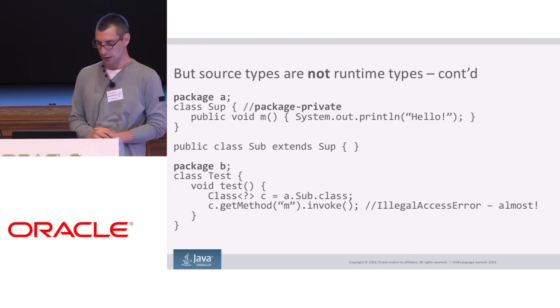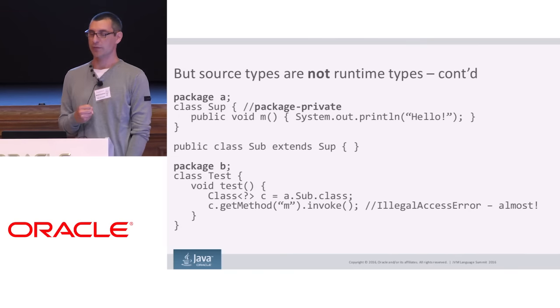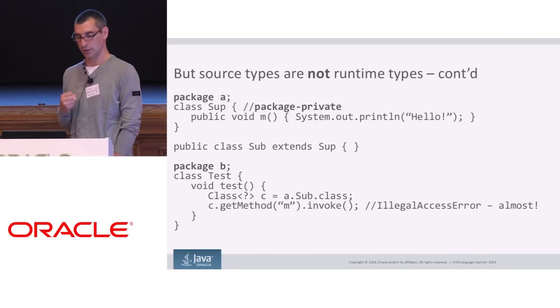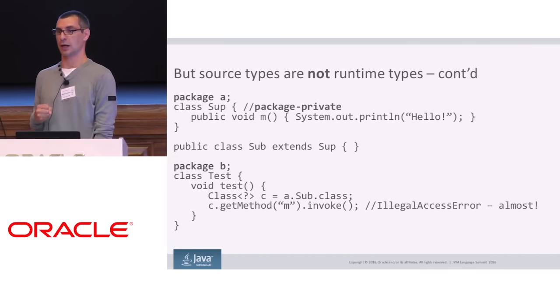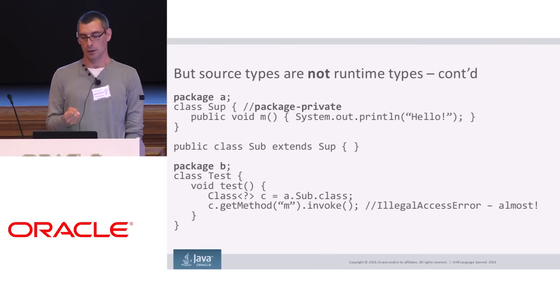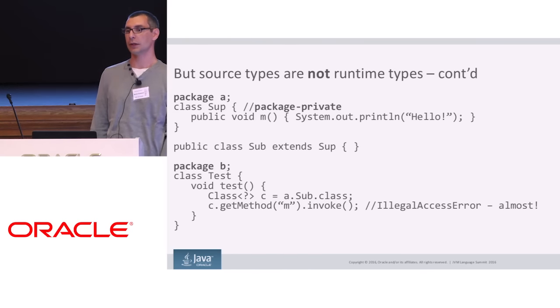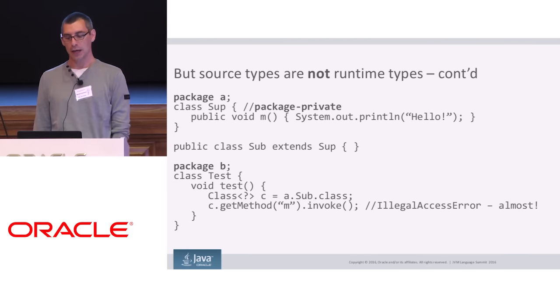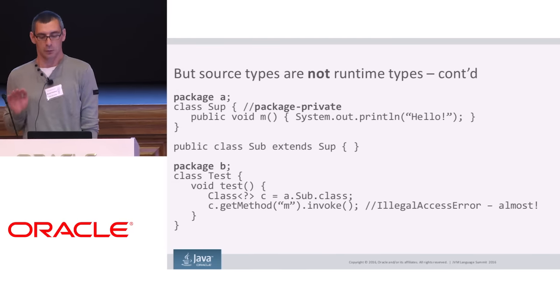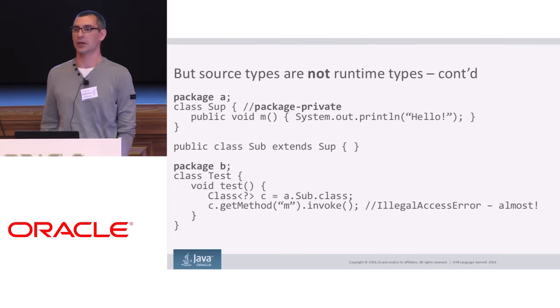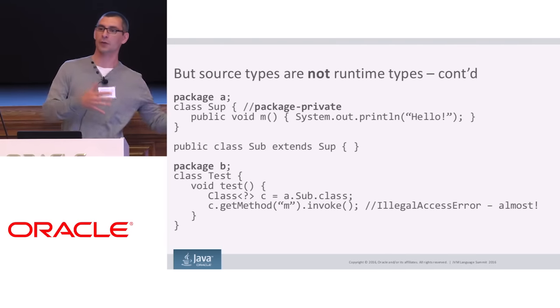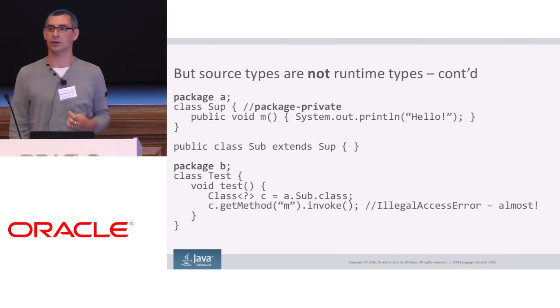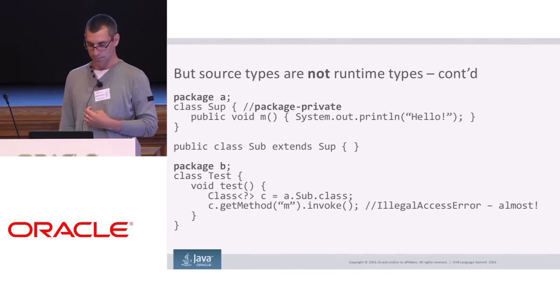For example, accessibility. The way in which the VM does access checking is different from the way in which the language does access checking. In this case, we have a package-private superclass, and a public subclass which inherits a public method called m, and then we try to call this method reflectively from a different package. If the compiler didn't do anything, we would get a straight IllegalAccessError, because the VM is seeing an access from a different package straight into a method that is declared in a package-private class.